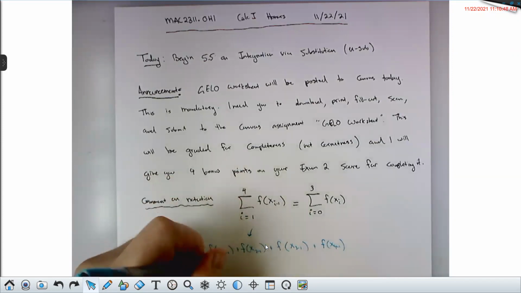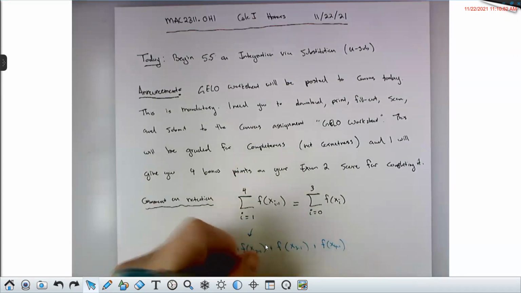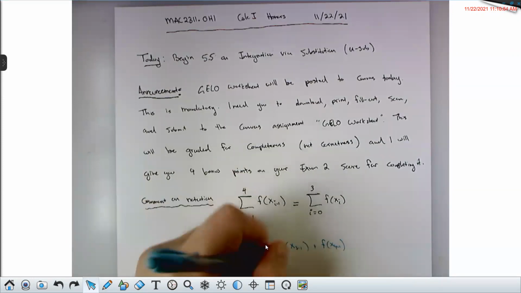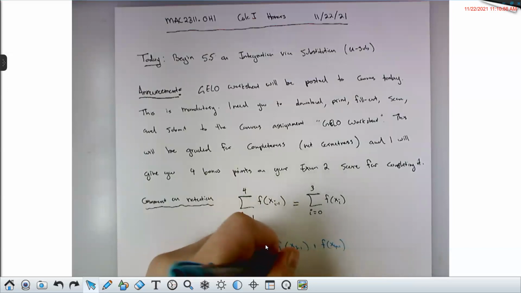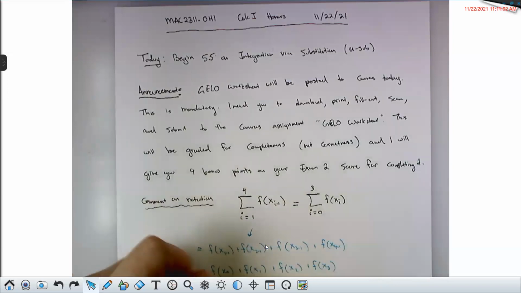And 1 minus 1 is 0. So this is f of x sub 0. 2 minus 1 is 1. So this is f of x sub 1. 3 minus 1 is 2. So this is f of x sub 2. And 4 minus 1 is 3. So this is f of x sub 3. And that is genuinely the same thing as the sum, sorry, i from 0 to 3, f of x sub i.